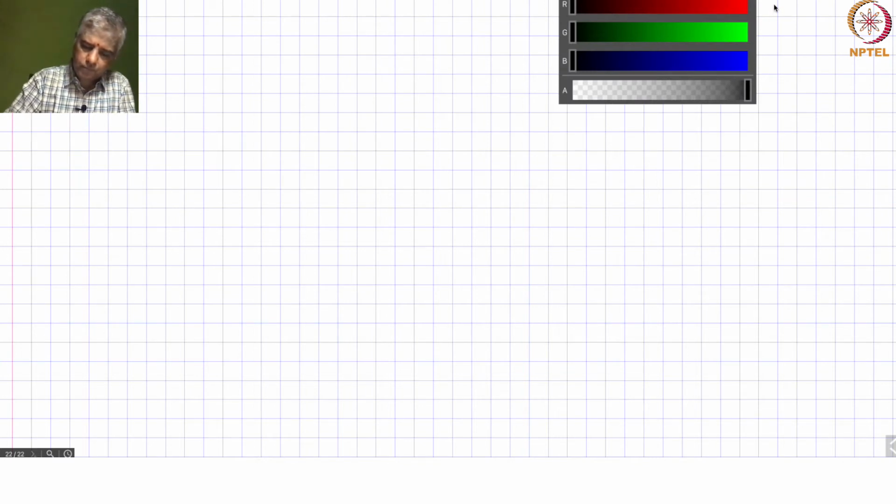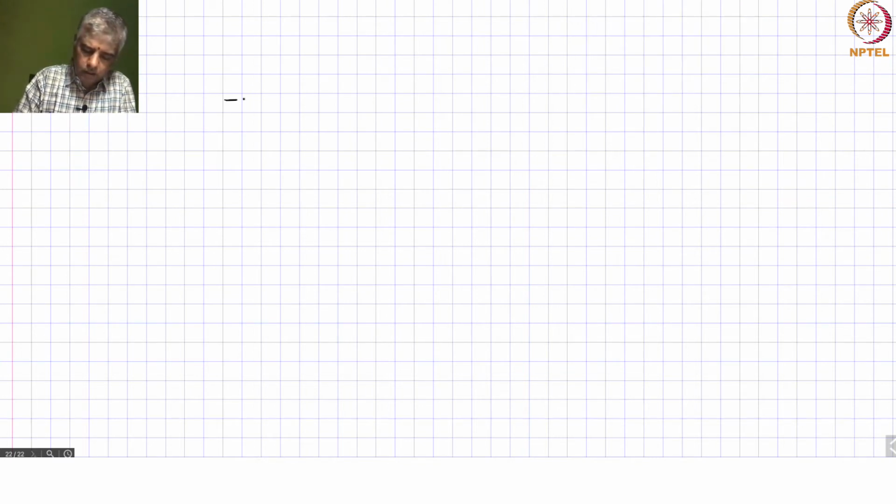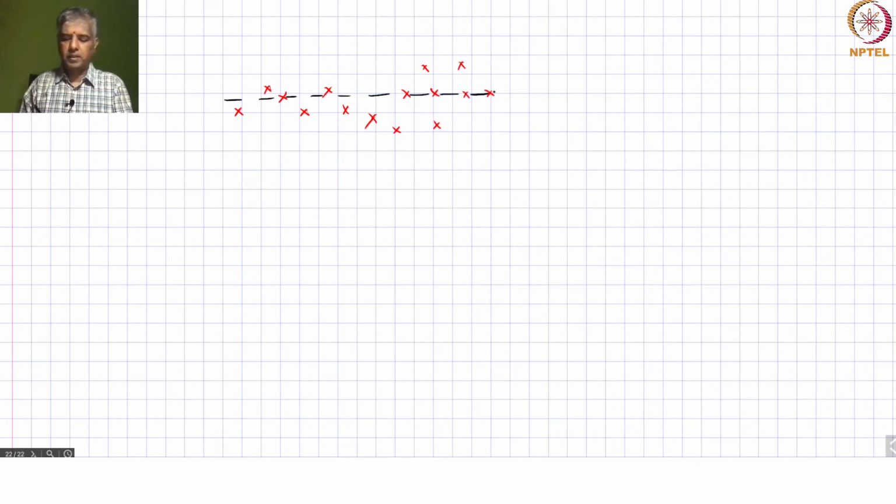So what we are talking about is your signal is holding at this level. Now, as we talked about, the noise samples may be something like this. So it's varying with respect to time, and then what you could possibly do is take a block of samples.